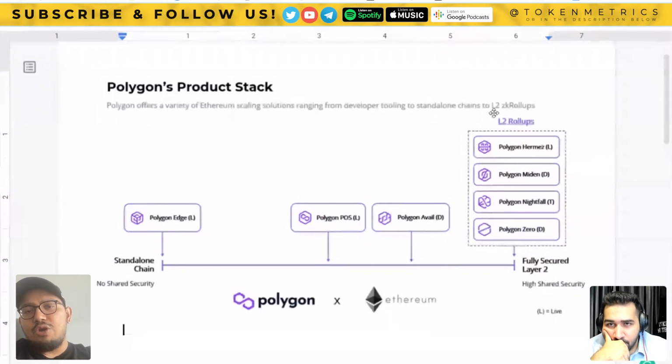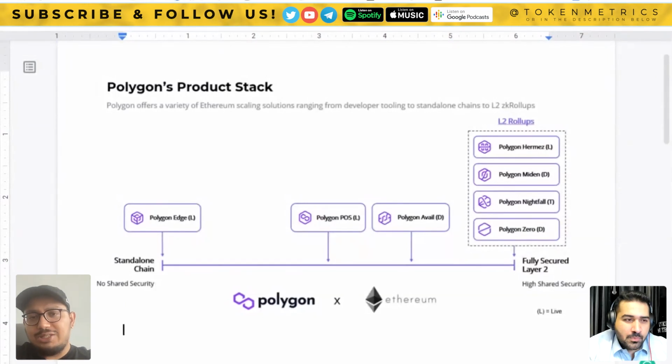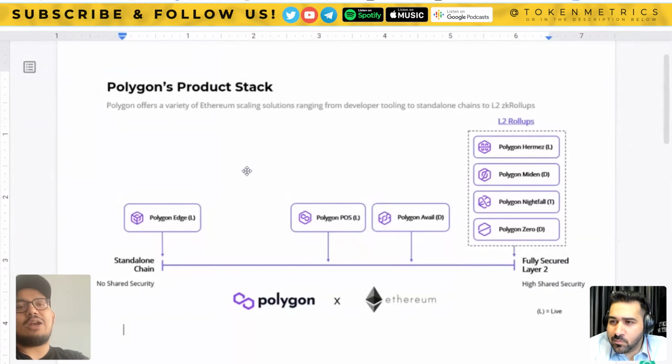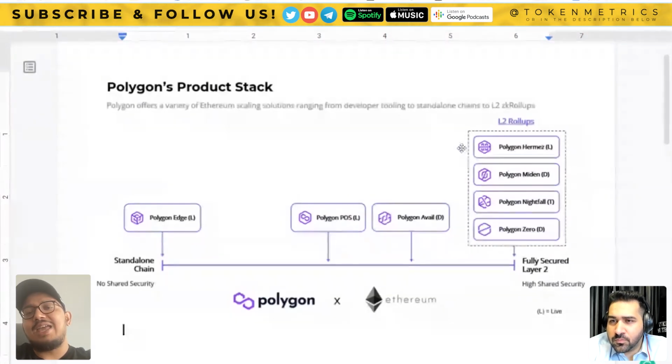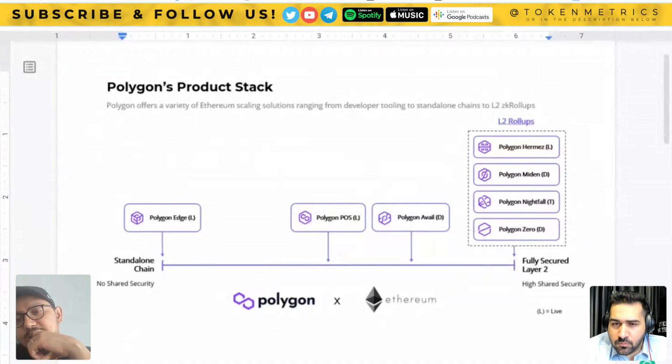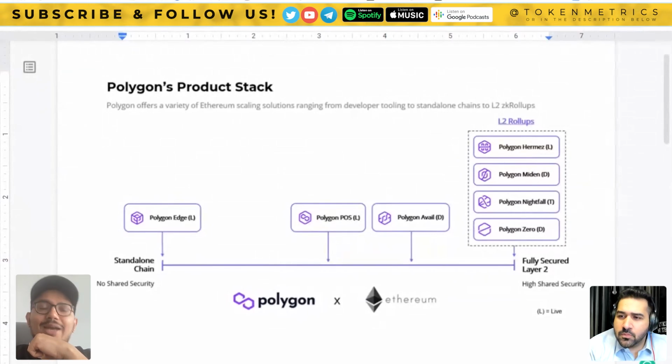So and there also in the ZK rollups, we are doing multiple different approaches. As I said, Polygon is a very unopinionated platform. So we are not saying that Polygon Hermes, which will probably be the only solution globally which has a full-blown ZK EVM, will win, or Polygon Zero and Polygon Miden, which have a transpiled solution, which transpile the Solidity into this local VM solution, and then it runs.